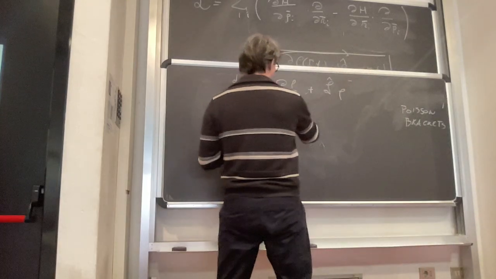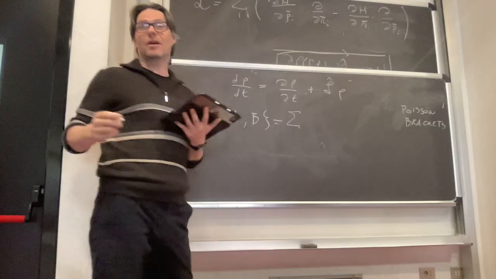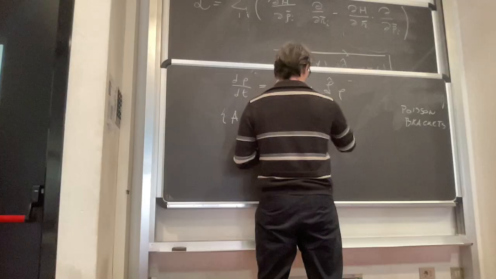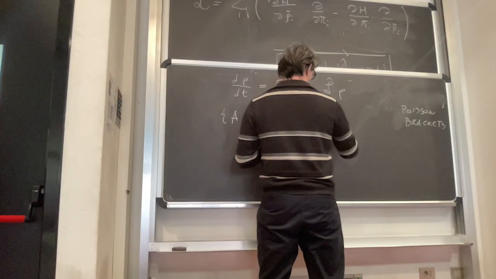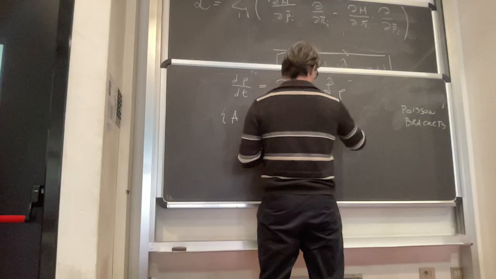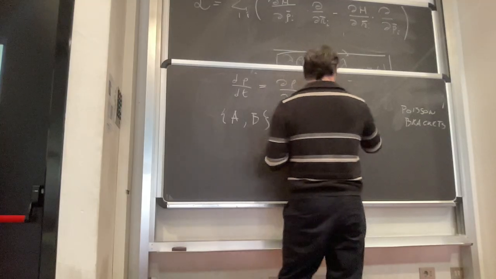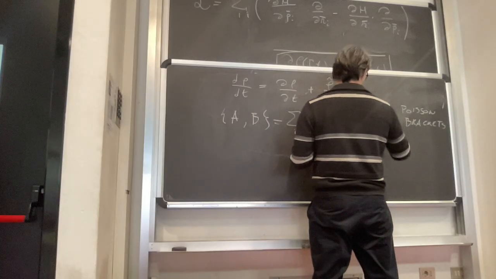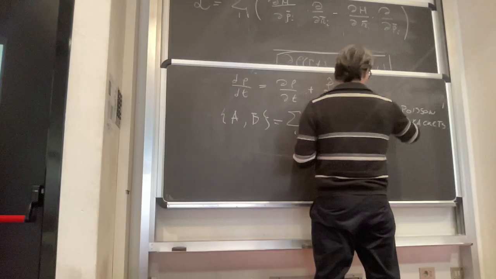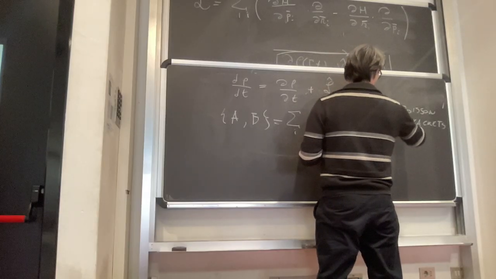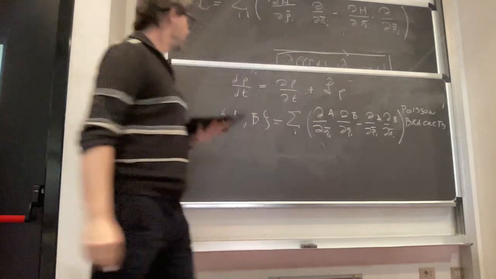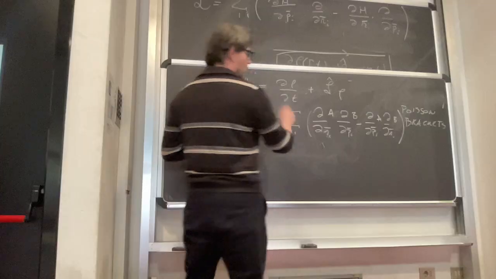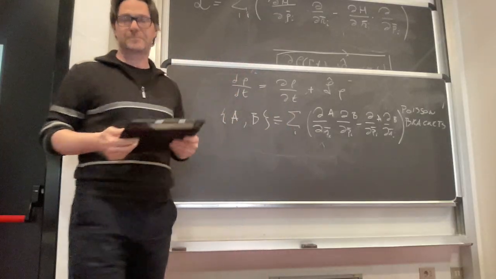And the Poisson bracket is basically the right-hand side of the Liouville equation. It is the sum over i of ∂A/∂q_i ∂B/∂p_i minus ∂A/∂p_i ∂B/∂q_i. This is a definition. There's nothing to understand here. It's just a definition. Okay, just copy it down.